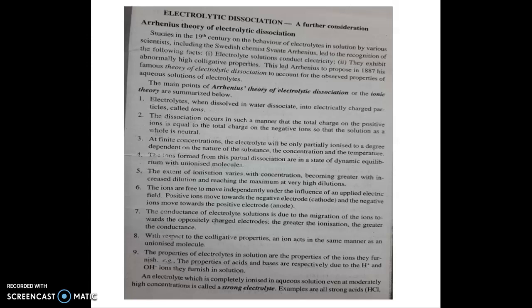That means the properties of an electrolyte depend upon the properties of the ions present. The properties of acids and bases are due to H plus and OH minus respectively; these are examples of this statement, as they furnish these ions in solution. So these are the nine points that Arrhenius discussed about electrolytic dissociation.